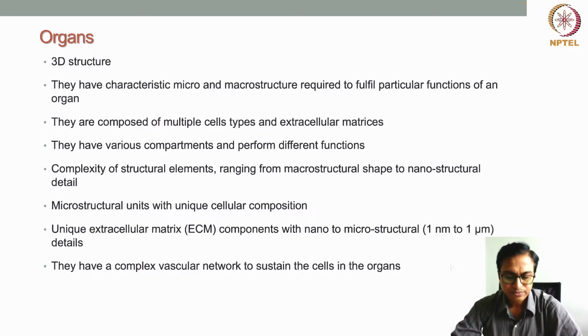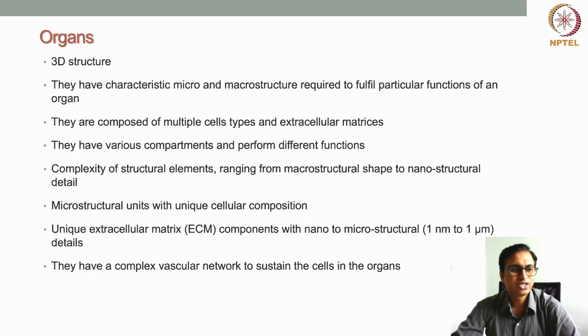So that's why, when you start any bioprinting task, you must understand the structural complexity, the structural organization, the microstructure, nanostructure, and also the organization of different cells, the different cellular compositions and how they are arranged. Also, what the extracellular matrix components are, which is the material aspect of the cells, and how those extracellular matrix components are arranged or organized within the tissue.